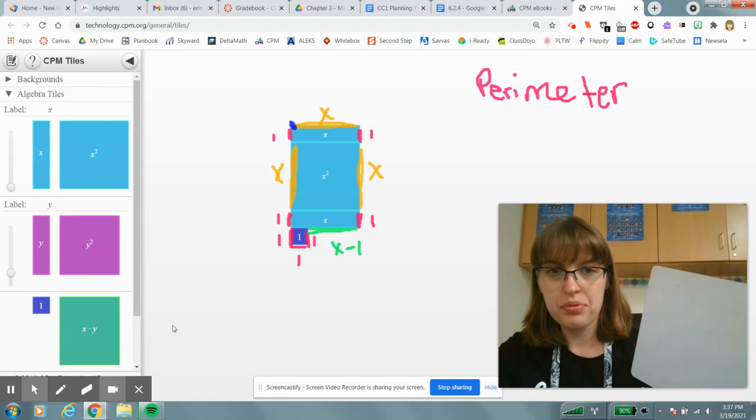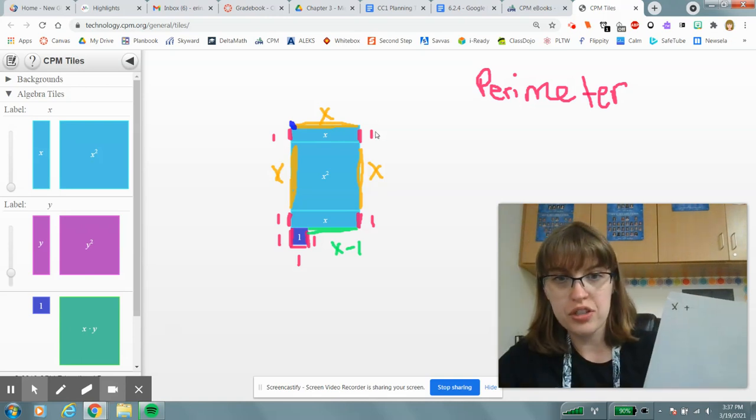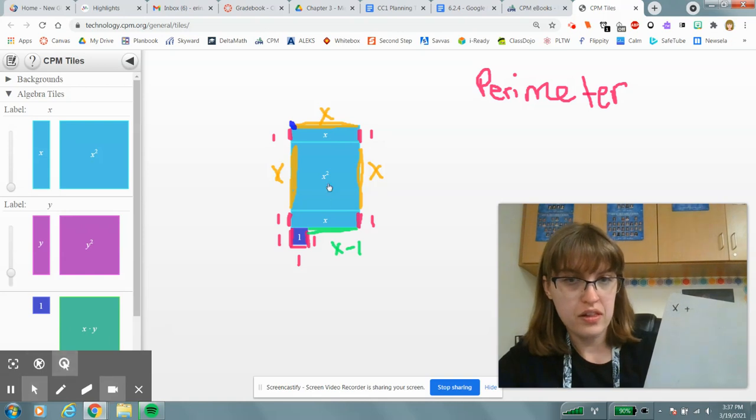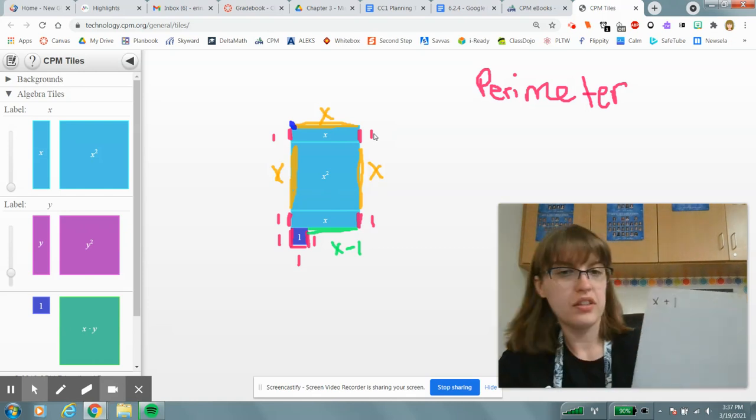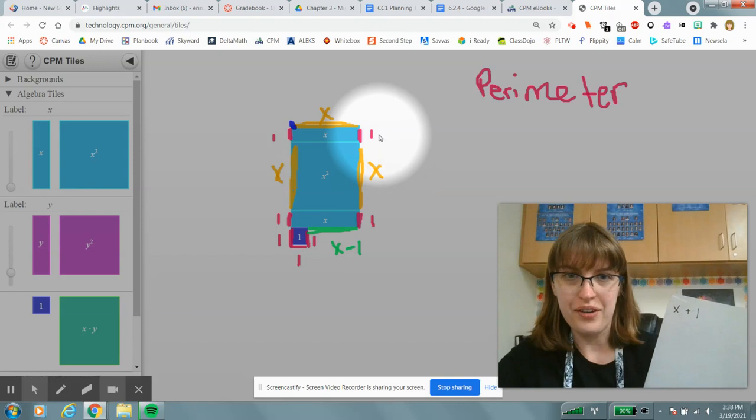So starting up at the top corner, I see an X plus. Going around to the right, I see an X or a 1. There we go.